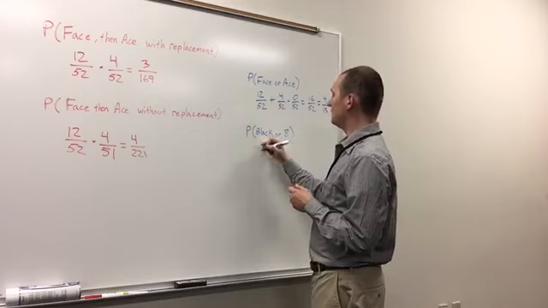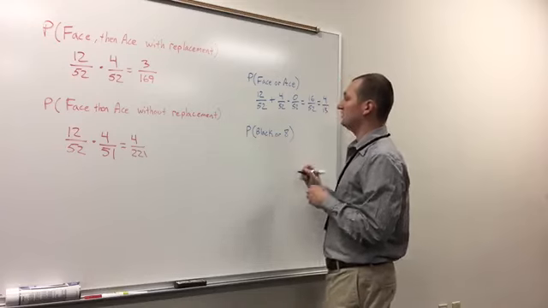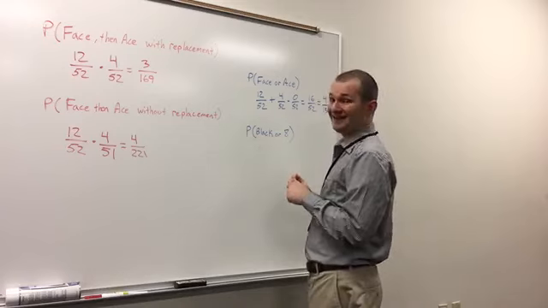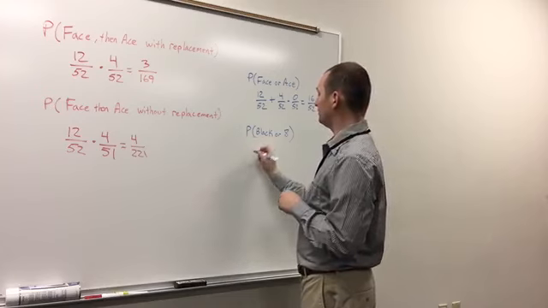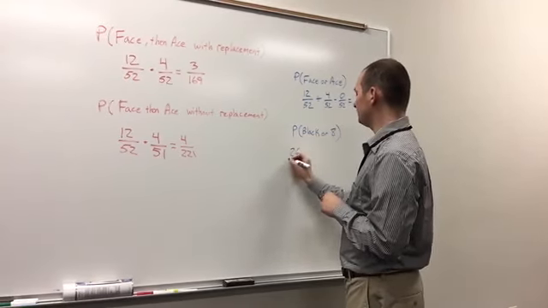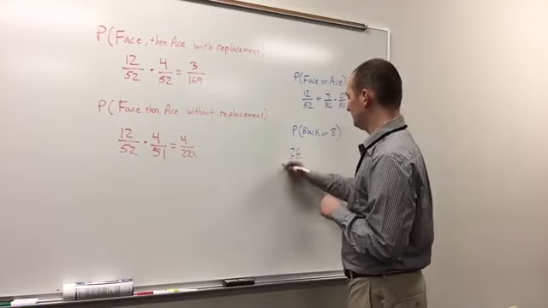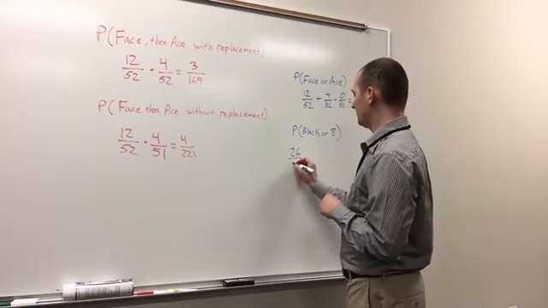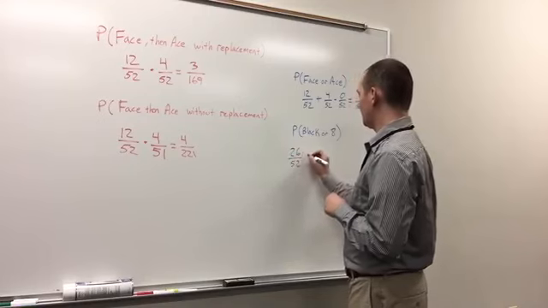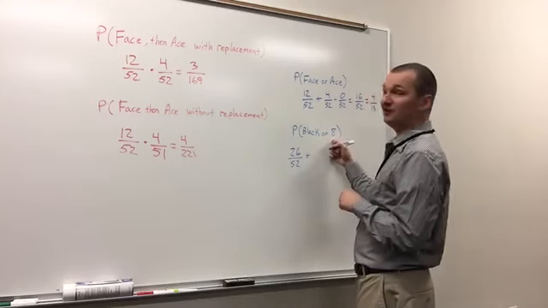Finally, if I wanted to find the probability of a black card or an 8, I would do the probability of a black card, which would be 26 out of 52, because half the cards are black, the other half are red. I would add to that the probability of an 8.